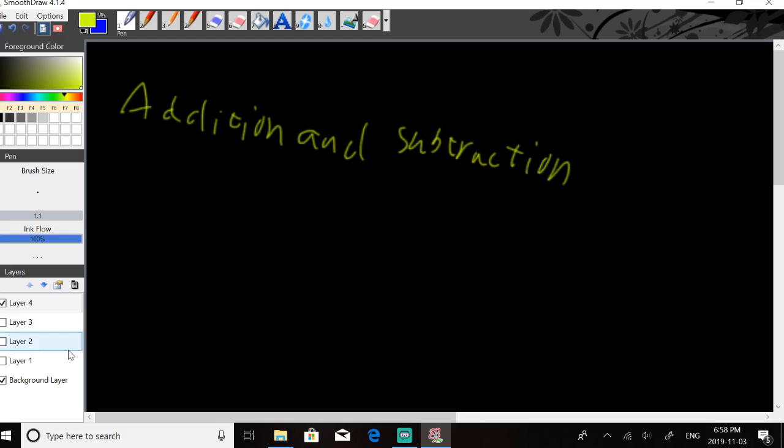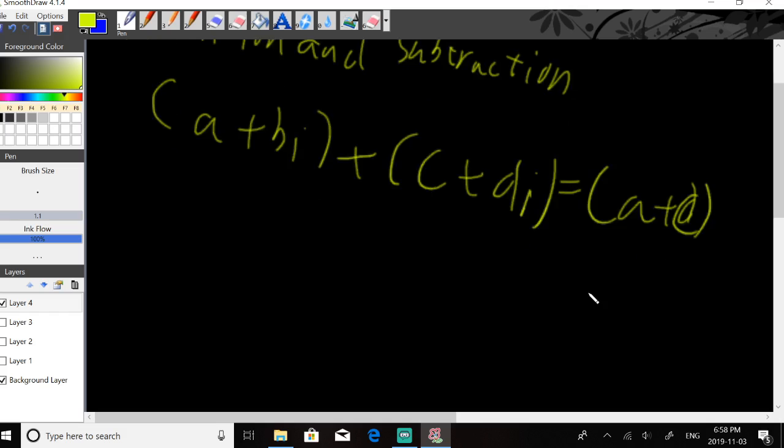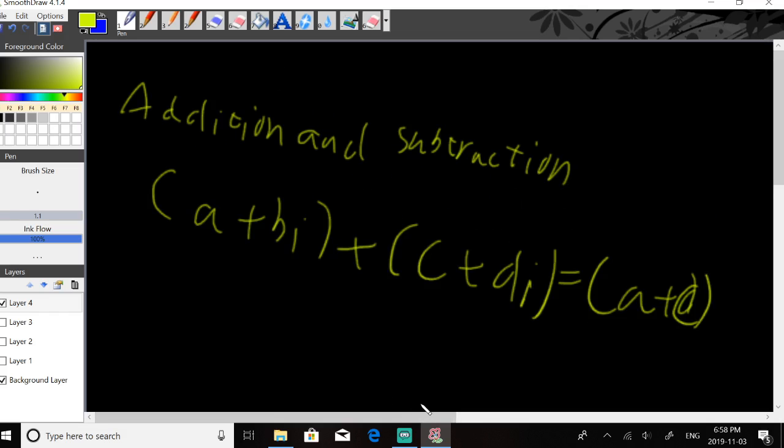To add two complex numbers, we use the following: a plus bi plus c plus di equals a plus c plus b plus d i.